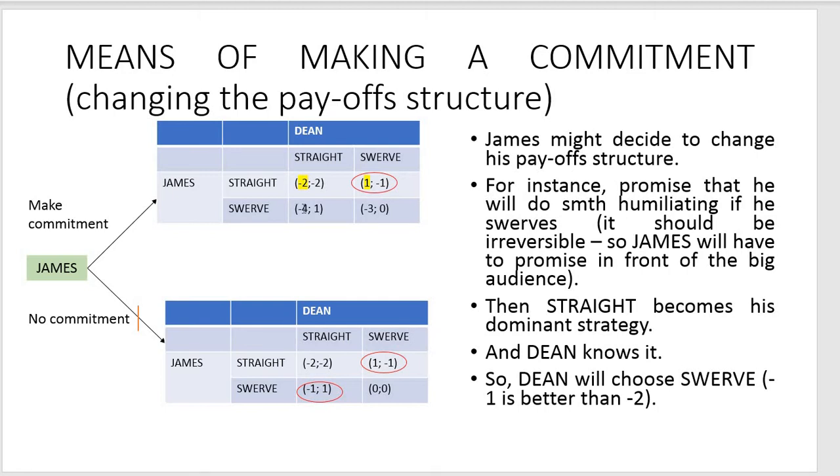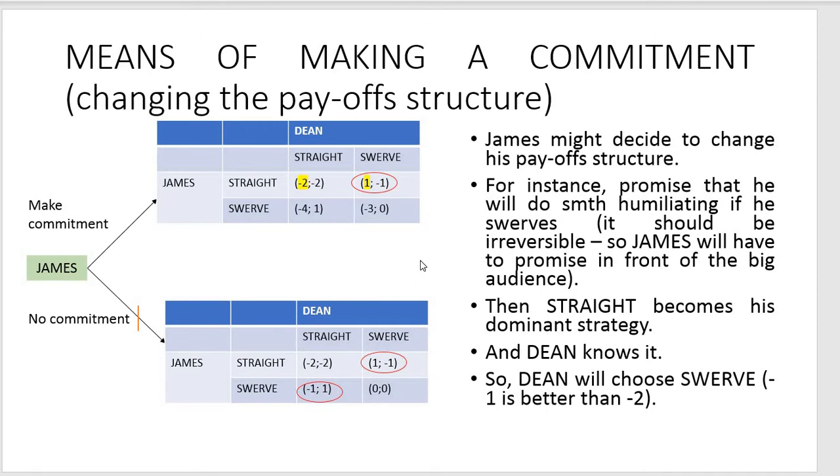Again, you're a loser and you have to do something humiliating. And instead of 0, in case both players swerve, James will get -3. So again, 0, -3. We just assume that doing something unpleasant and humiliating will decrease James' payoff by 3, regardless of the outcome.